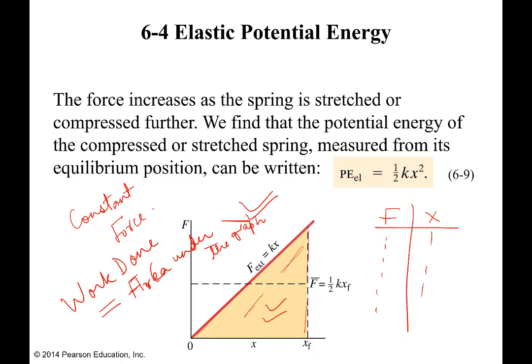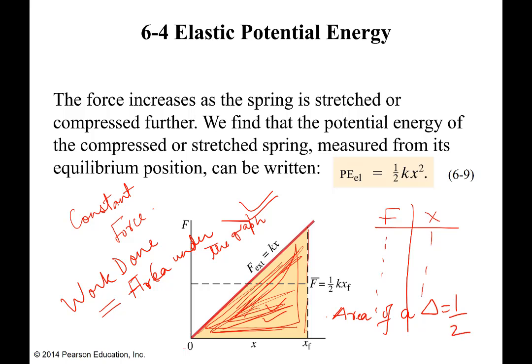For this kind of scenario, the area under the graph is given by this. It's just like the slope of the line. The slope of the line is rise by run, and the rise is given by the area of this triangle. Area of a triangle is half of base, which is x, multiplied by height.